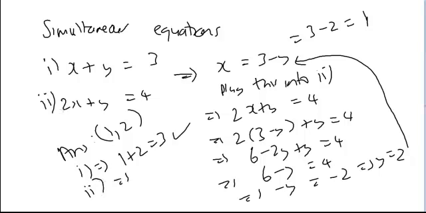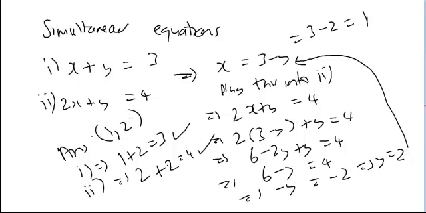Equation 2 is 2x plus y. So x is equal to 1, so 2x is equal to 2, plus y, and y is equal to 2. Well, that's equal to 4. So that's correct. So now we're 100% sure we've got it right. The answer is x is equal to 1, y is equal to 2.